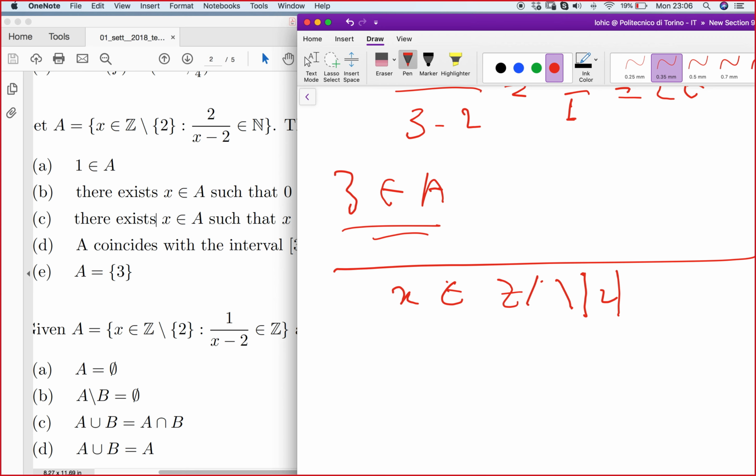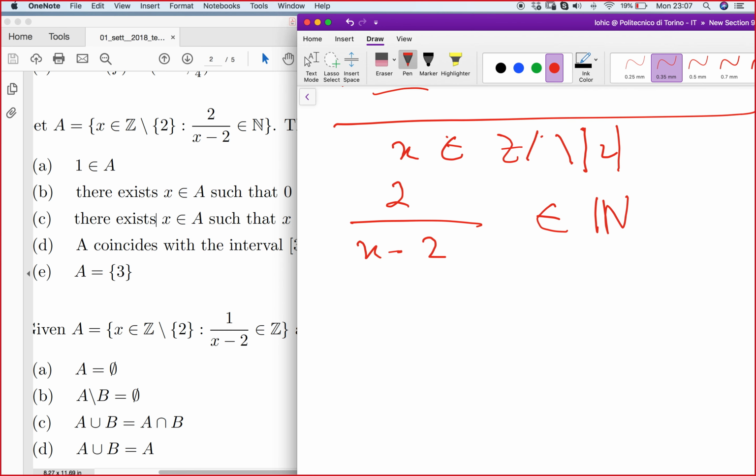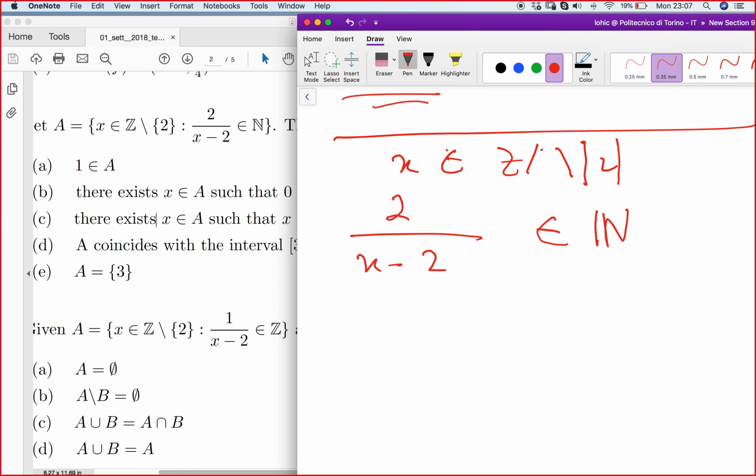But the second condition warns us that 2 divided by x minus 2 should be an integer and be positive. Good. Now up to you guys. If I want 2 over x minus 2 to be an integer, the only possibilities for x minus 2 are what and what?